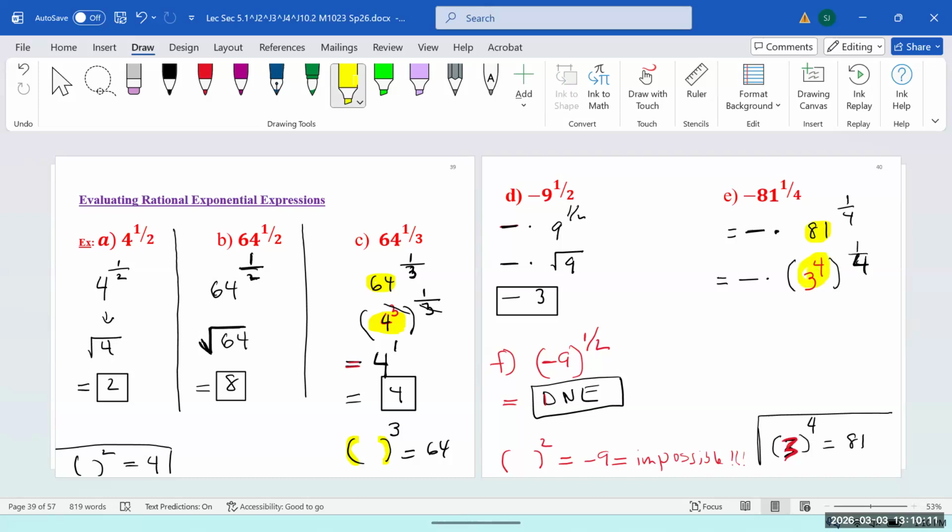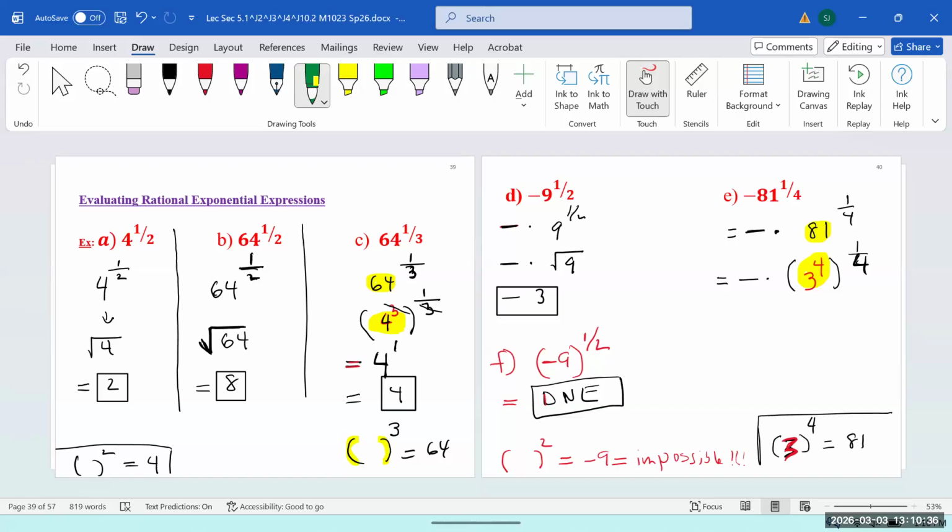And do you know why we use 3 to the 4 instead of 9 square? What is our goal to do? How do you simplify? You can cancel this denominator. Anytime you see a denominator, you hate that, right? We all hate denominators. So when you see this denominator, you think of a way to get rid of it.